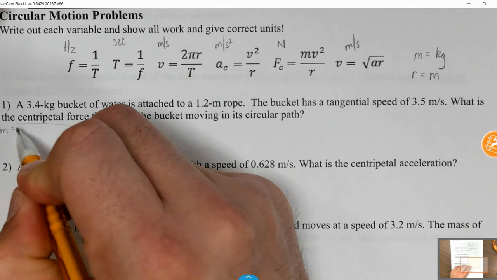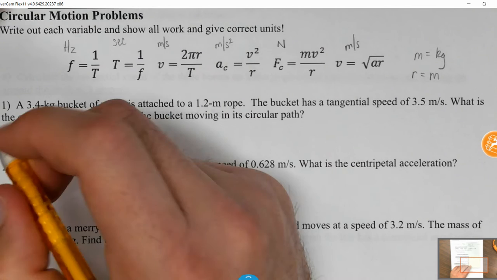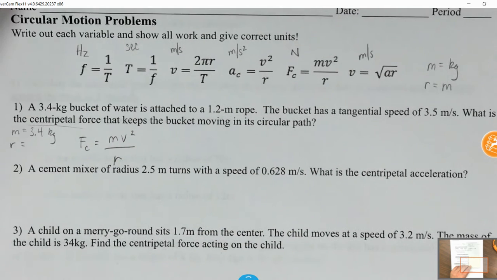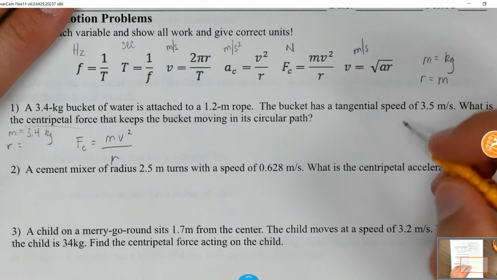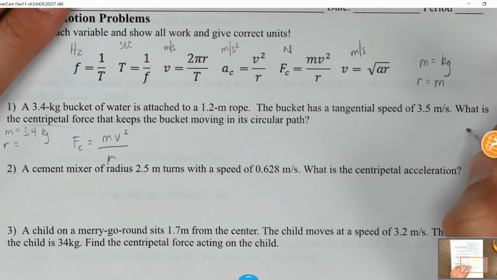We have m of 3.4 kilograms. We have a radius here. So I've gotten a question before, wouldn't that be the diameter? No, because I'm going to draw a very, very bad picture here, so I apologize. I think that's a bucket.